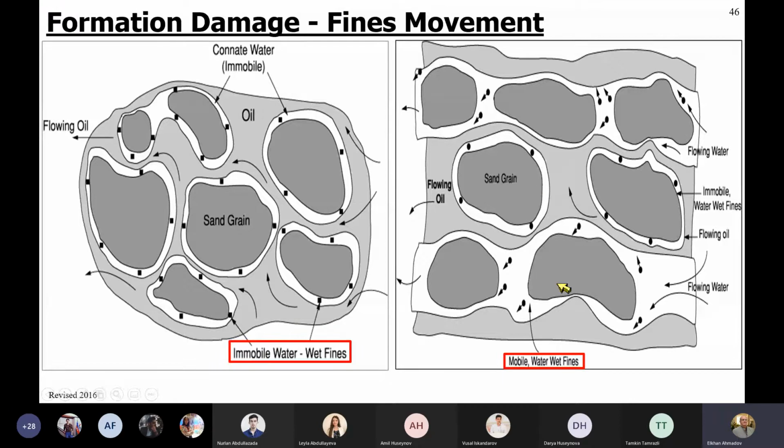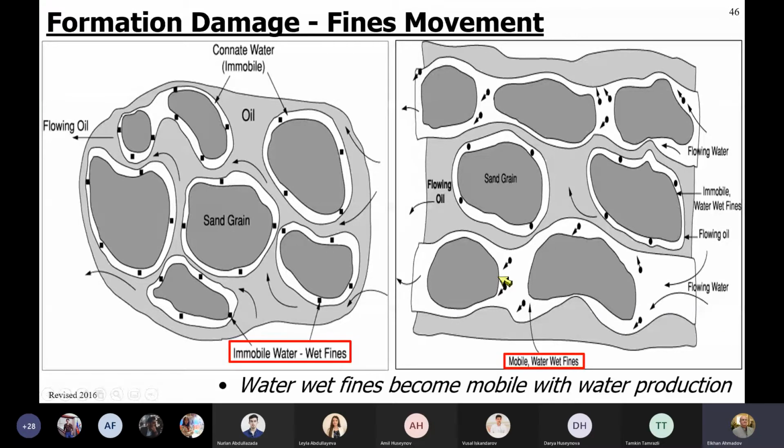As we produce and water breaks through, this connate water comes into the flow. The connate water becomes part of the flow, and these fines start moving and will be blocking the narrow pore throats. So that's the fines movement.